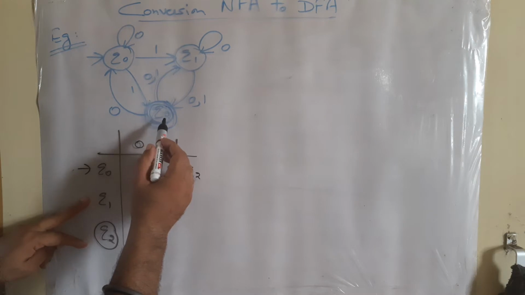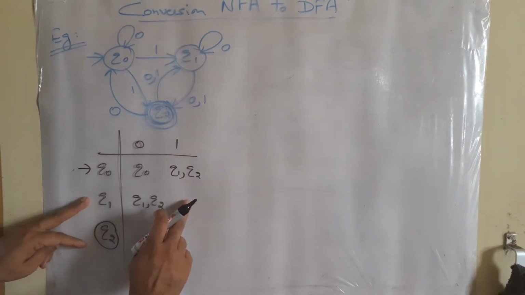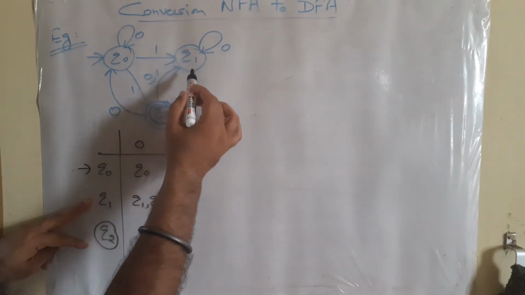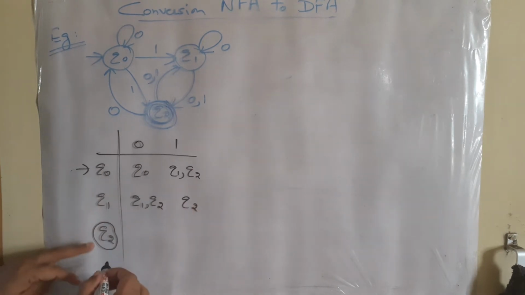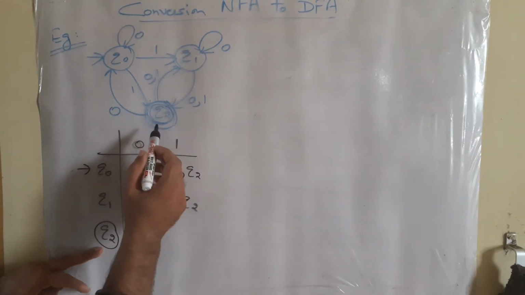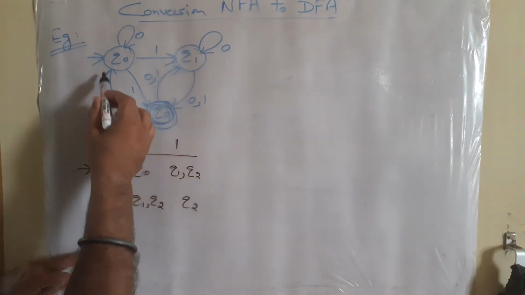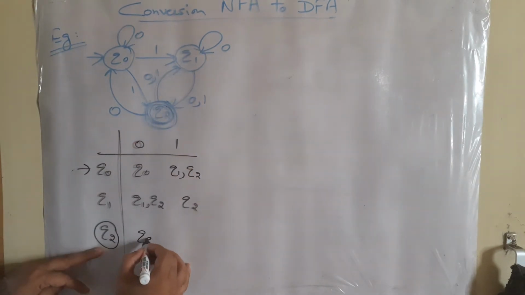Q2, which is the final state, you can observe with input symbol, sorry, we have to fill this also. So Q1 with respect to 1 moves towards Q2. Now come to Q2, which is the final state. Q2 with respect to 0 moves towards Q0 as well as towards Q1, so Q0 and Q1.